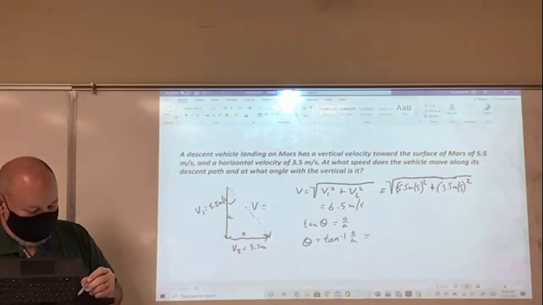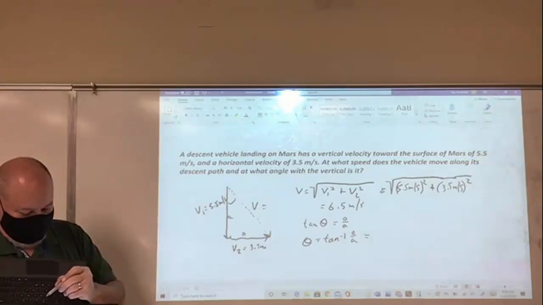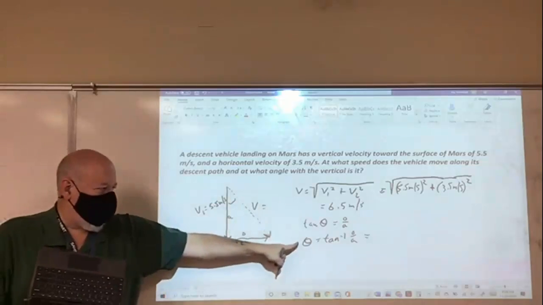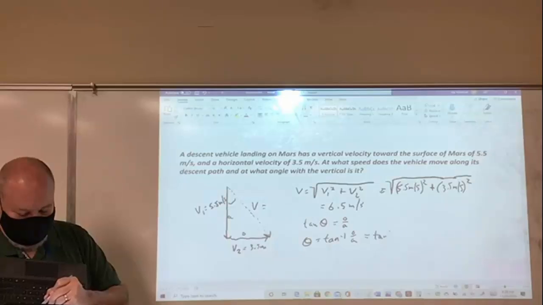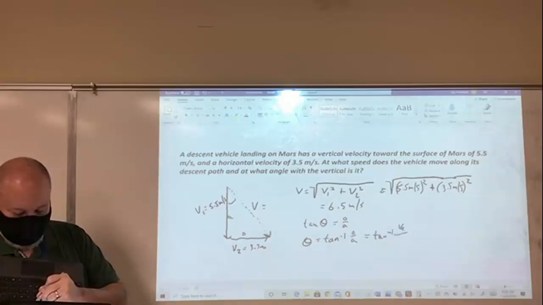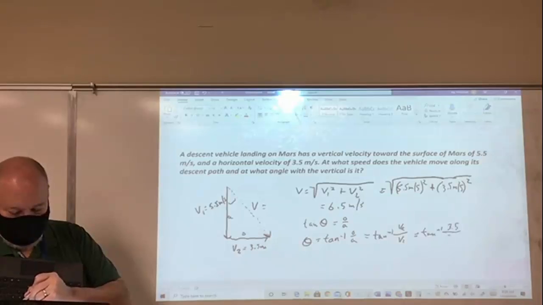And you don't have to take the step where you say tangent inverse of V2 over V1 if you don't want to. You can go directly to the numbers there if you want to, because you've got a formula, and that's all I need. But if you want, you can also say tangent inverse of V2 over V1, and then tangent inverse of 3.5 over 5.5.